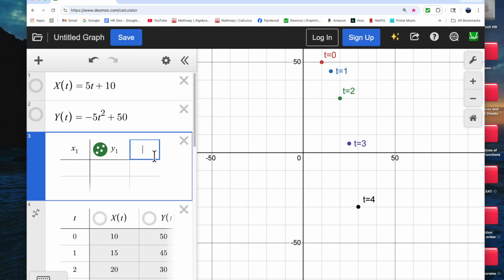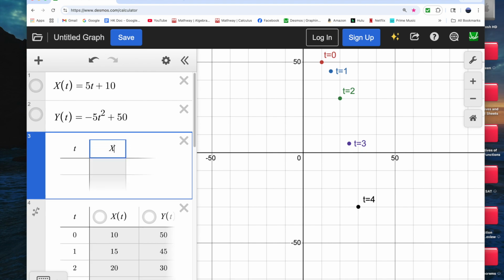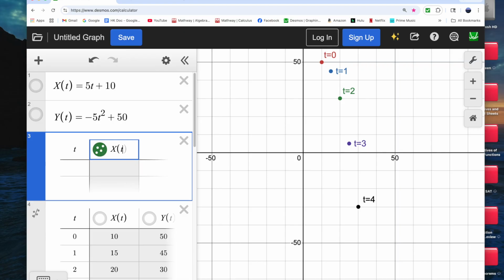That's what I did to get to here. And then you could change that to t, then tab, capital X of t, tab, capital Y of t.